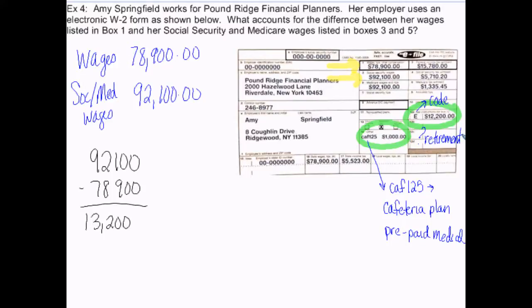And if we take those two things and we add them together, we get the exact difference between the federal wages and the Social Security wages. Okay. And so the reason that these are different is because of pre-tax deductions.